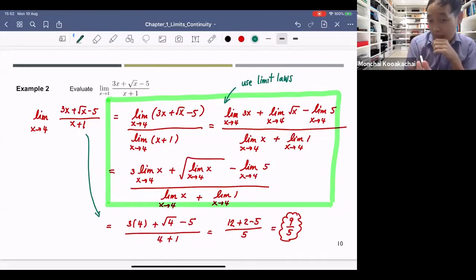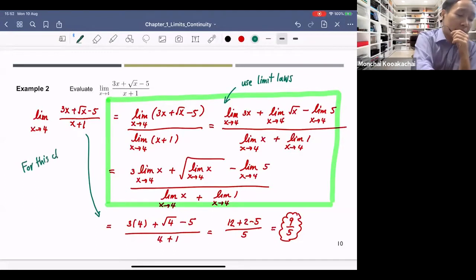So for this class, it is acceptable to skip all the details I boxed in green.